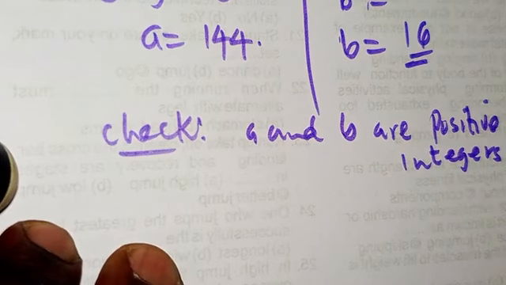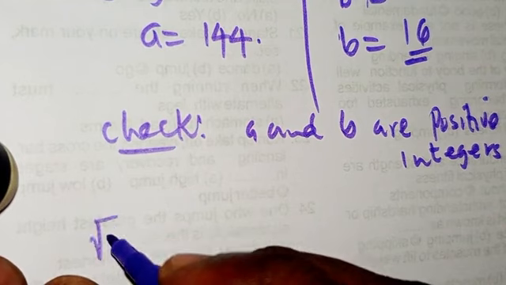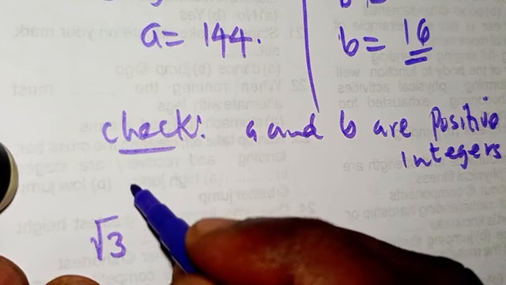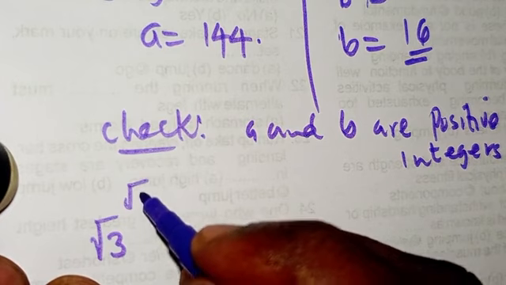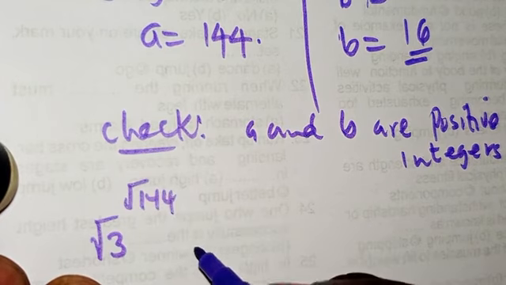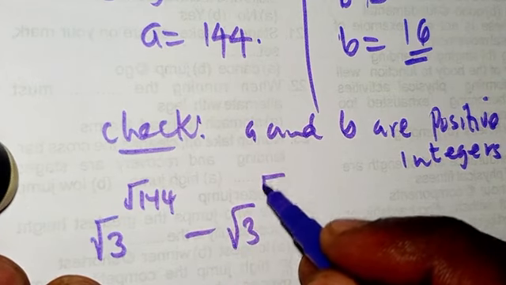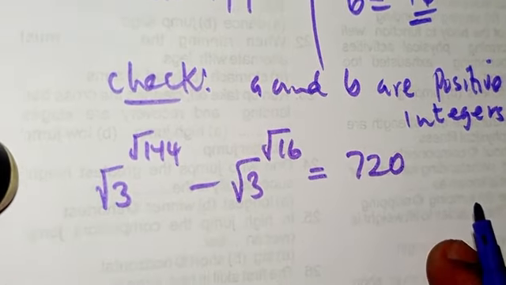So now from there, we have root 3 raised to the power root a, which is 144, then minus root 3 raised to the power root b, which is 16. So we want to know whether it's going to give 720.